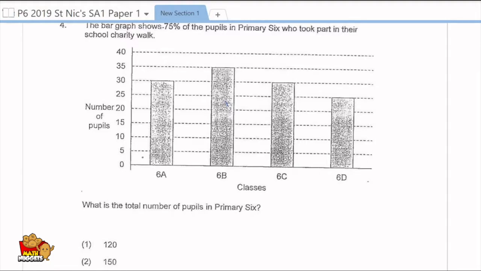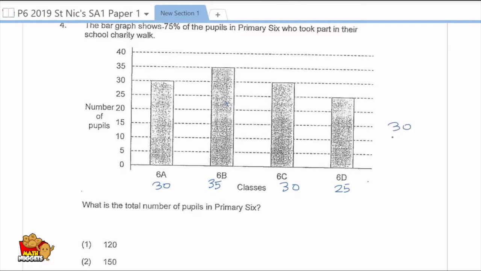Let me write down the values for all the classes. 6A will be 30 people. So you read the graph. 6B 35. 6C 30. 6D 25. So they tell us that 75% of the pupils took part, these are the ones that took part. So let me add everything up.